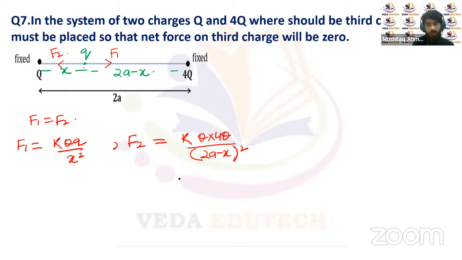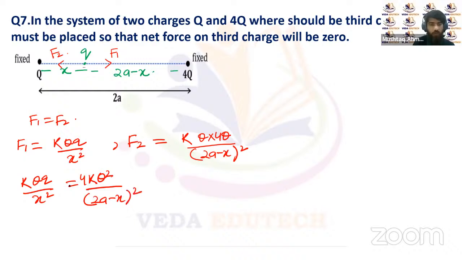And these two forces should be equal for the charge to have net force equal to 0. So q upon x square will be equal to 4 times kq square upon 2a minus x whole square. Now from here k and k will get cancelled, q and q will get cancelled.